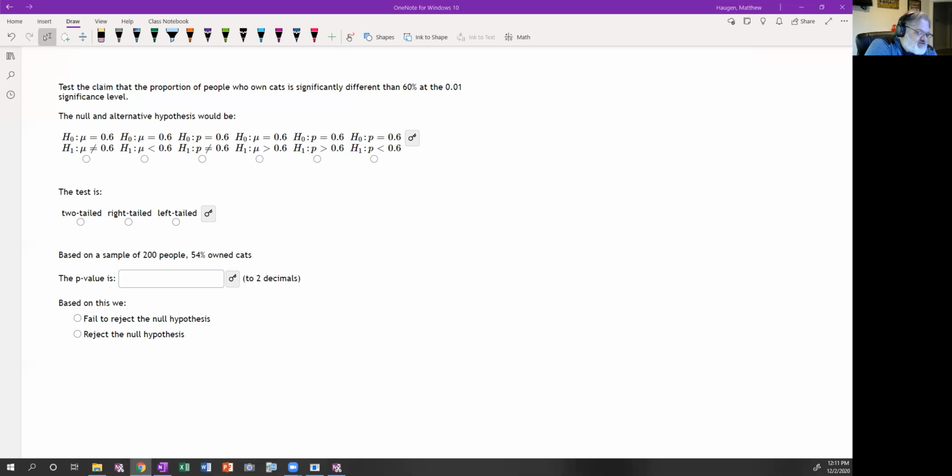So, test the claim that the proportion of people that own cats is different than 60%. That means that 60% is our assumption. I don't know where that assumption is coming from, but that's the assumption they're giving. If it's the assumption, that is our null hypothesis. That assumes this person's claim is incorrect.